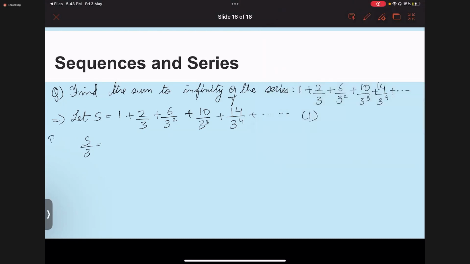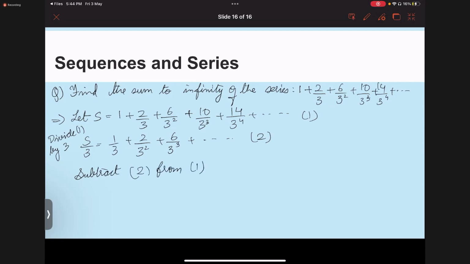Not multiply, divide. So dividing by 3, you get S by 3 equals 1 by 3 plus 2 by 3 squared plus 6 by 3 cubed plus so on. Okay, let this be equation 2. Now we will subtract 2 from 1.